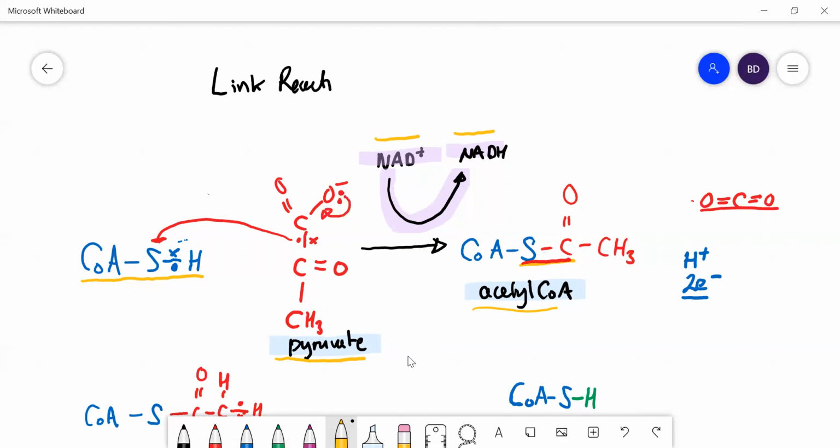That can then go on to drive electron transfer in oxidative phosphorylation. We'll talk about that later. But NADH can be used to make ATP. So now in that link reaction, we've made a carbon dioxide molecule, we've made an NADH molecule, and we have got acetyl-CoA, which is going to now feed into the citric acid cycle.